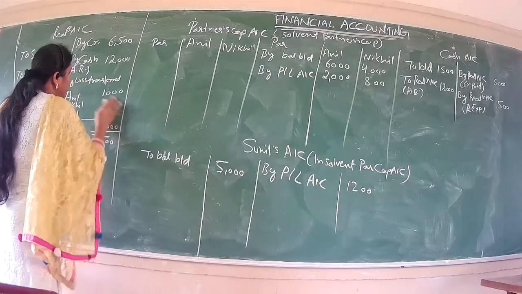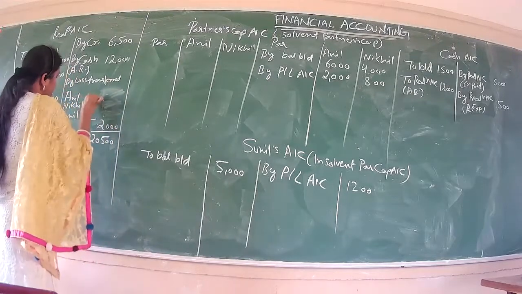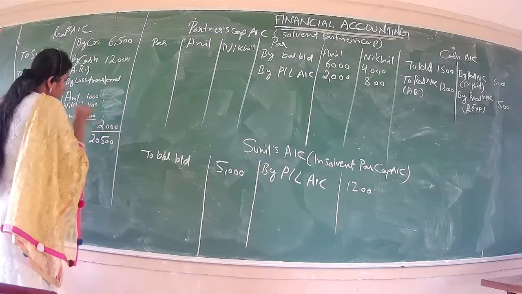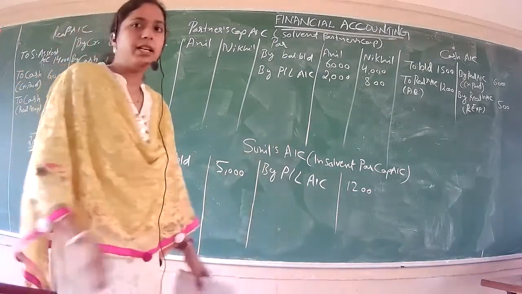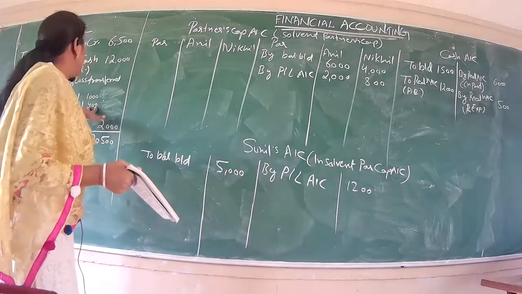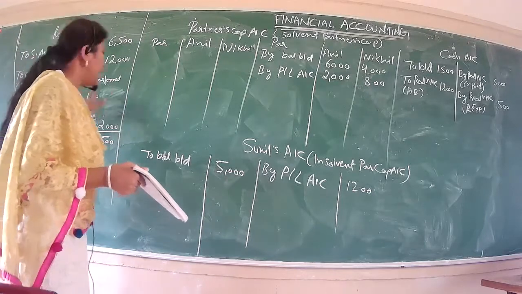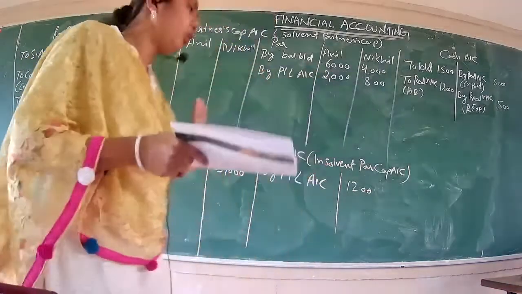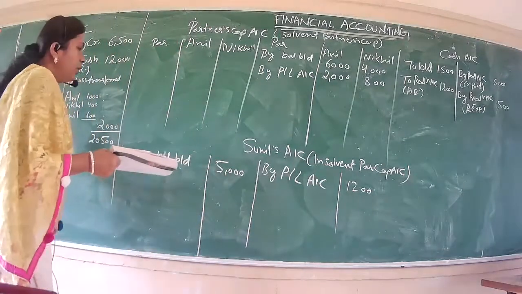Sorry, I'm really sorry. We should not make the entry here. We are going to make the entry inside the column: 1000, 600 and 400. Fine. Sunil is having the 600 of realization loss. Nikhil is having the 400 of realization loss, and Anil is having the 1000 of realization loss. So your realization account got closed.